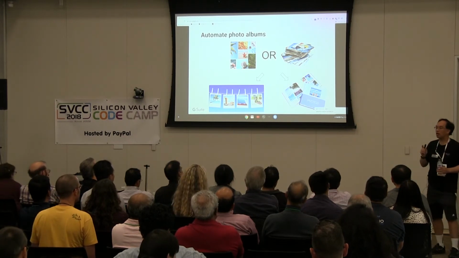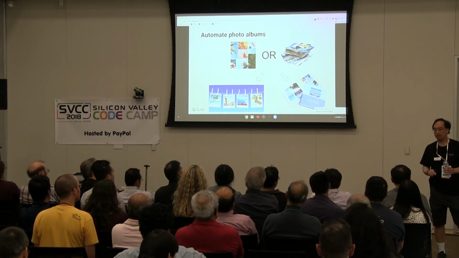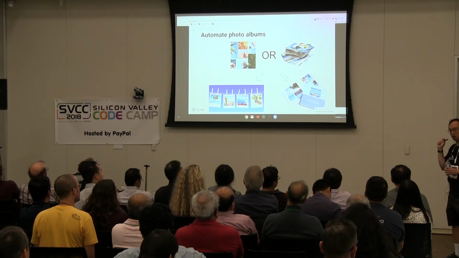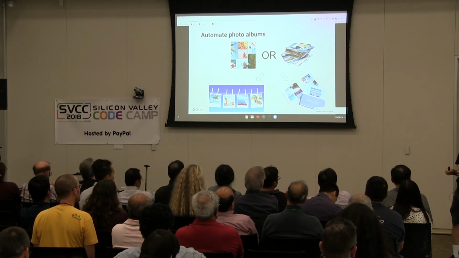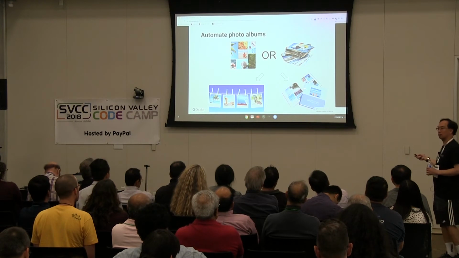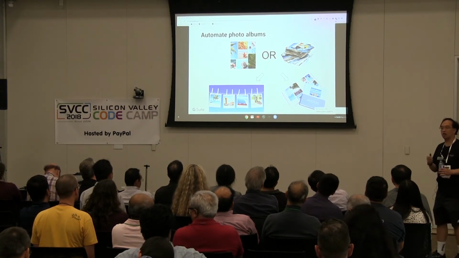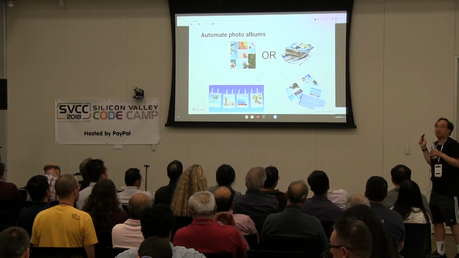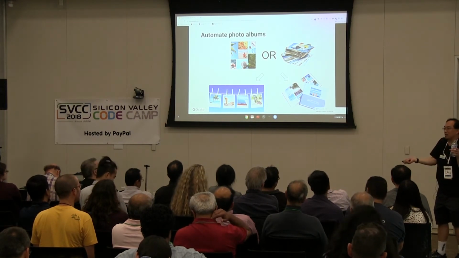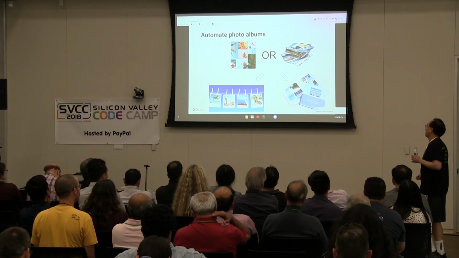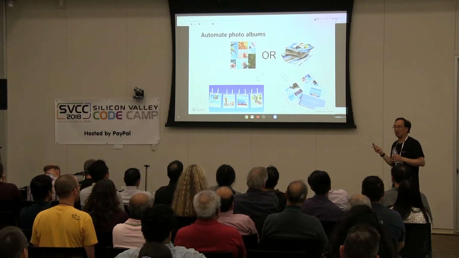Google Drive gives you access to file metadata, so you can look at the geolocation and the date and timestamps of your photos, and automate creating photo albums, or make collages or whatever. I haven't done this myself, I'm just trying to inspire you to do something useful with the Drive API. I think you can do something like this because you can access that stuff.